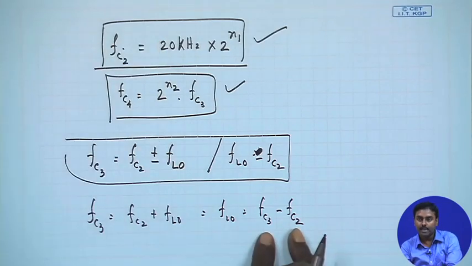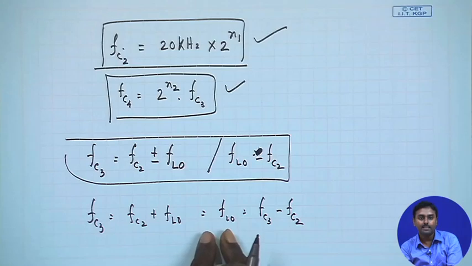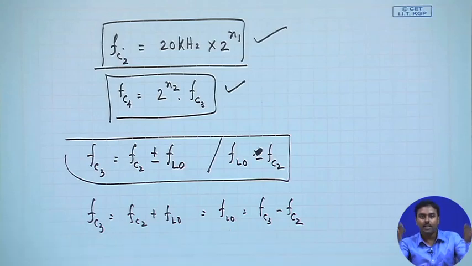So, once you start putting that, you will be getting a relationship for FLO. Now, for FLO you put that condition, it must be 400 to 500, and then try to see whether N1 or N2 I can choose as integer. Any integer value will give me a feasible solution. If that is not the case, go for the second case, and if that is also not satisfiable, go for the third case, and you will see probably a solution in one of them.